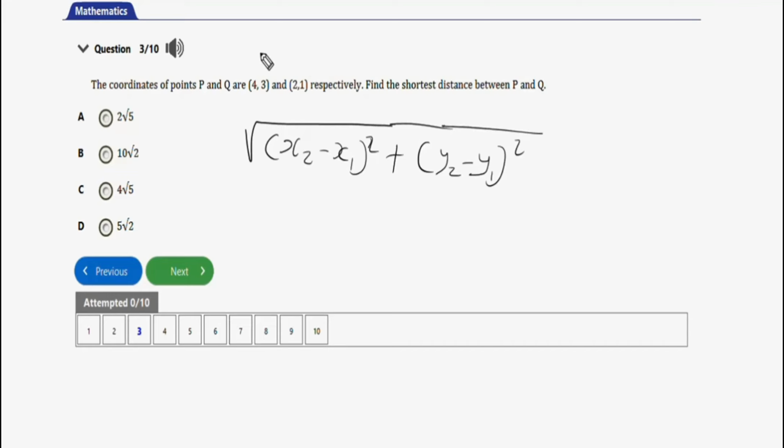Okay, so as usual, these are x1, these are y1, these are x2, these are y2.